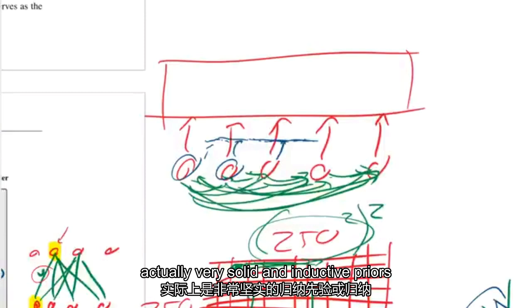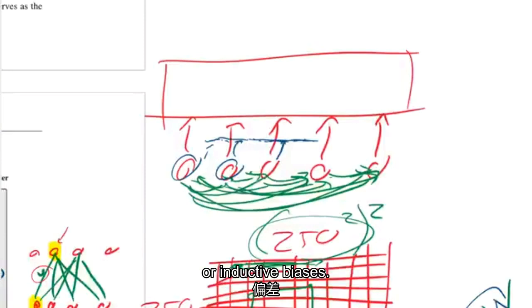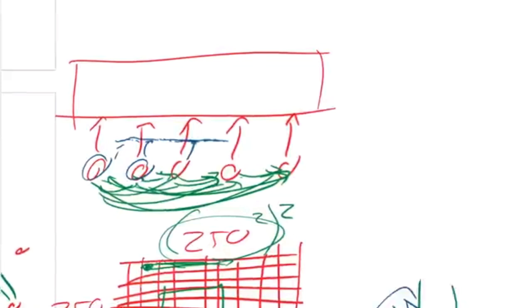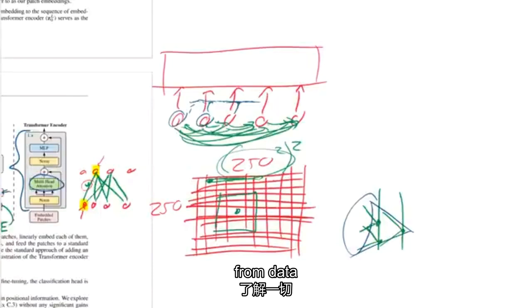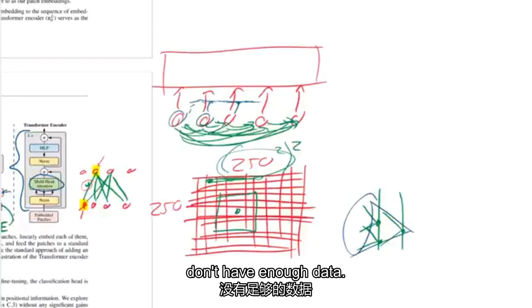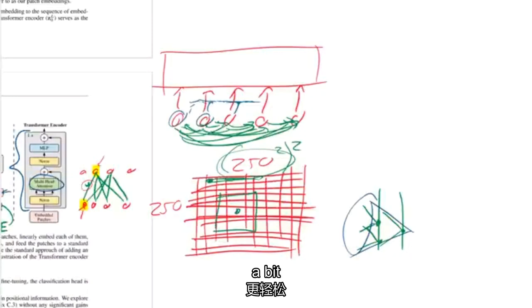And inductive priors or inductive biases, the name already contains it. It's a bias. We bias the model towards solutions that we think in general are relevant, are useful, right? We tell the model, look, we know you could learn everything from data. No doubt about it. We have the theoretical results. You could do that. However, you don't have enough data. And we want to make it a bit easier for you.